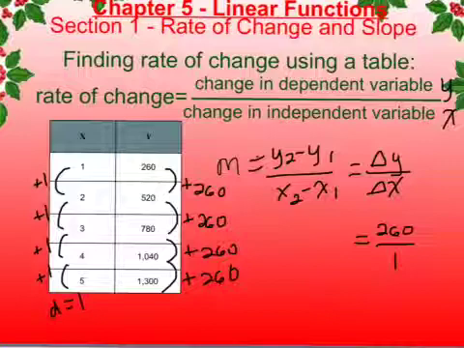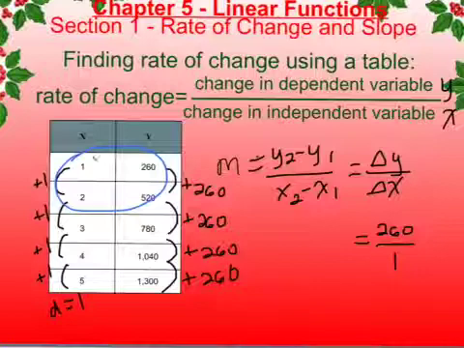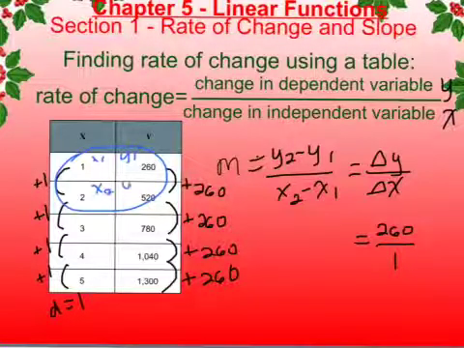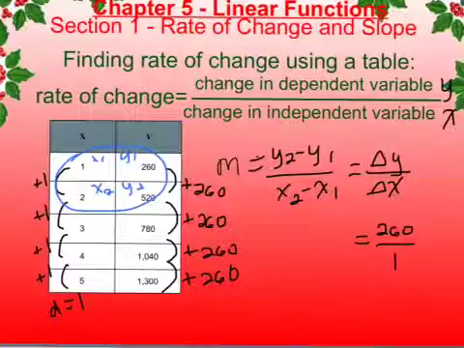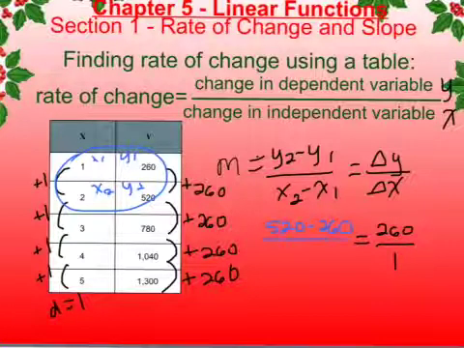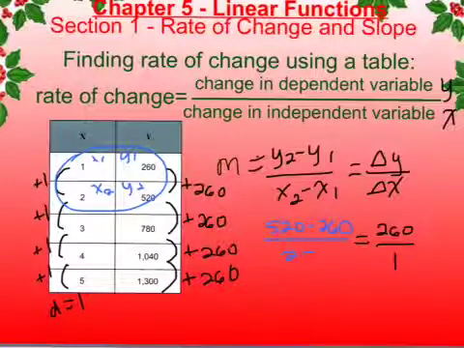The other way that we can do this is to pick two sets of coordinates. So let's say the first two sets of coordinates, and let this be our x1, y1, and let this be our x2, y2. Well, we would do y2 minus y1 over x2 minus x1.